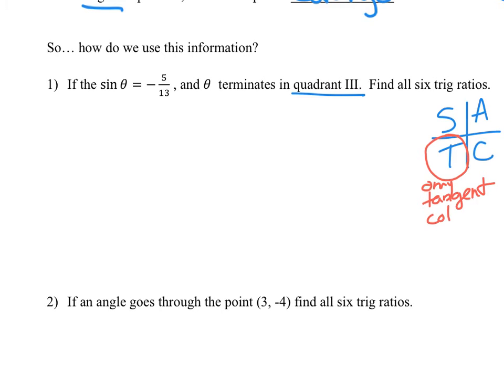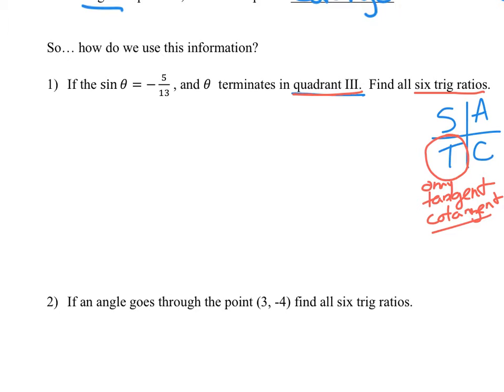Tangent, and I guess you could say cotangent also, because the reciprocals always go along, because you're just flipping it, you're not changing its sign. So in quadrant 3, if we're going to find all 6 trig ratios, only tangent and cotangent are going to be positive. So I'm going to actually write this down.